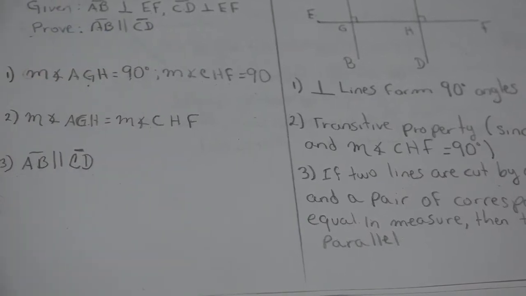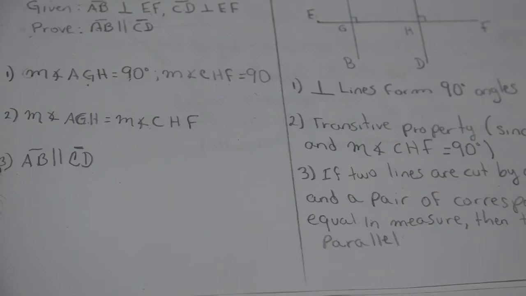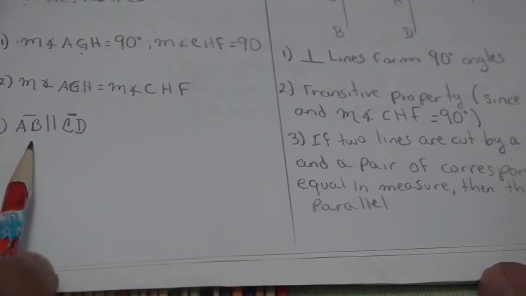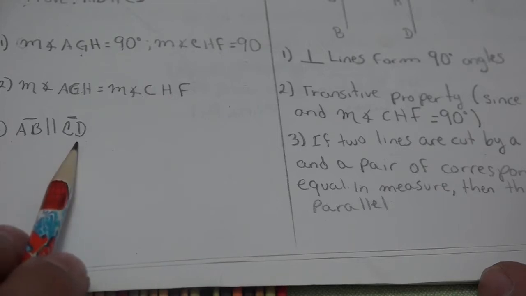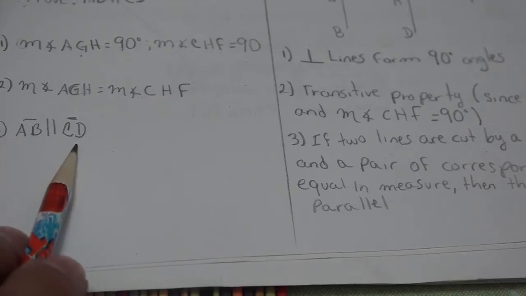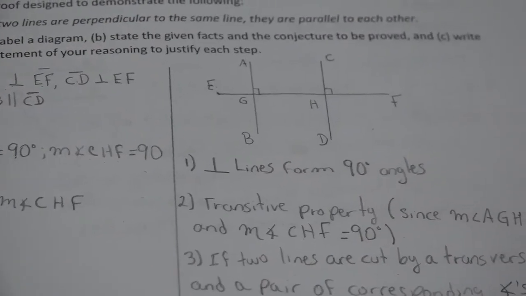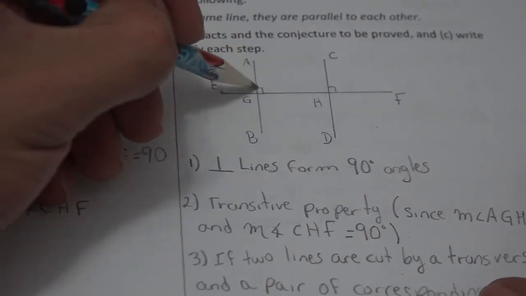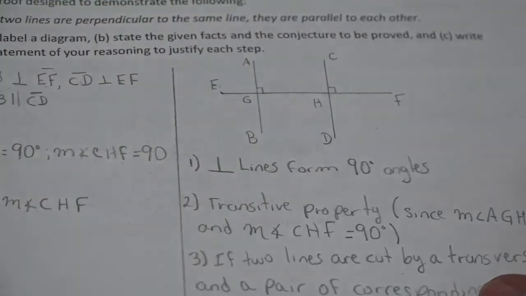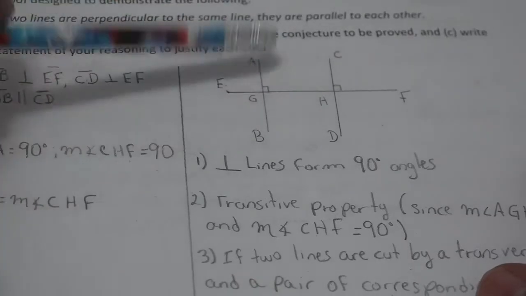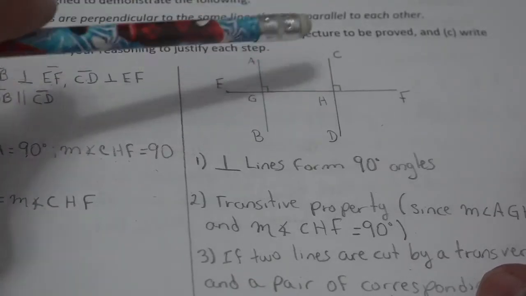And last but not least, it says that I have proven that AB is parallel to CD. How did I prove that? I know that these angles are equal in measure. They're both 90, therefore they're equal in measure. So, transitive property.